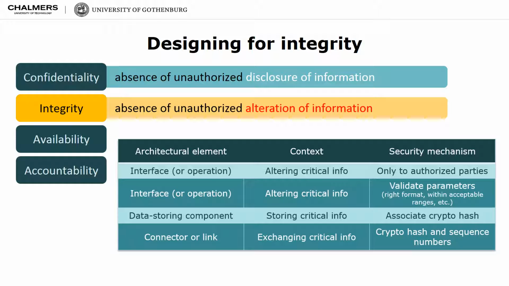And similarly, whenever such critical information is exchanged across components, for instance, via connectors and links, also crypto hashes to preserve integrity need to be used in association to the exchanged messages, and if necessary, also secure sequence numbers can be used.